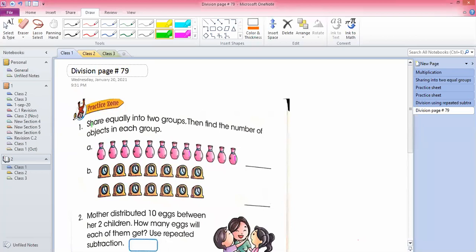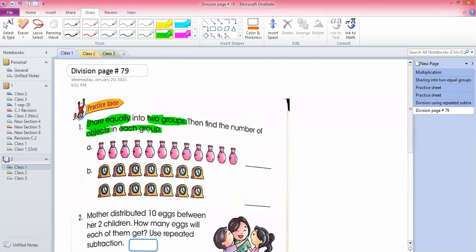Guys, I'm going to read the question and I'm going to highlight also. Practice zone, page number 79, question number 1. Share equally. Look guys, share equally means division. Into how many groups? Two groups. Share equally into two groups, then find the number of objects in each group. Each means one.